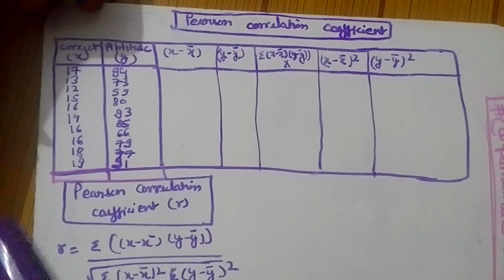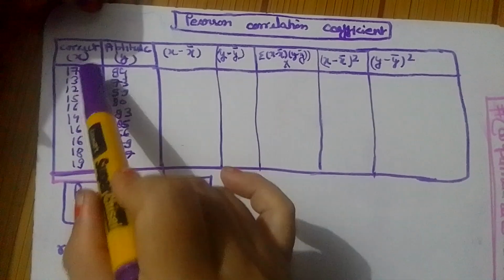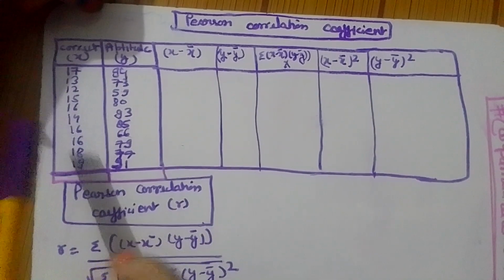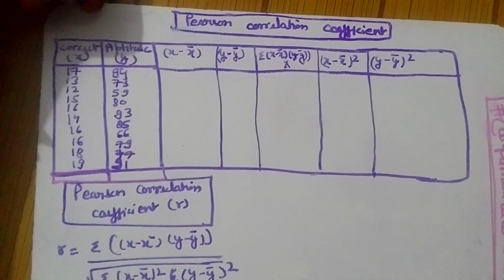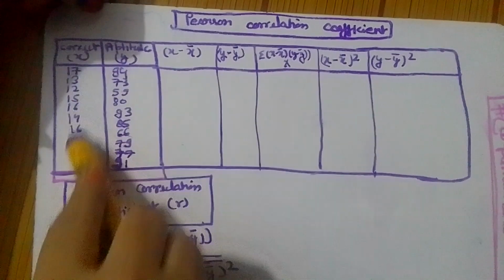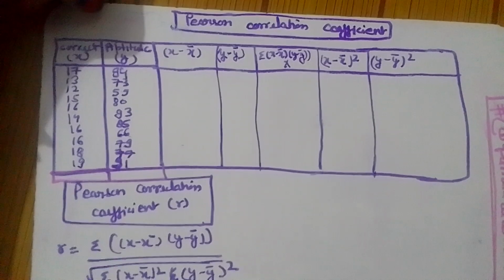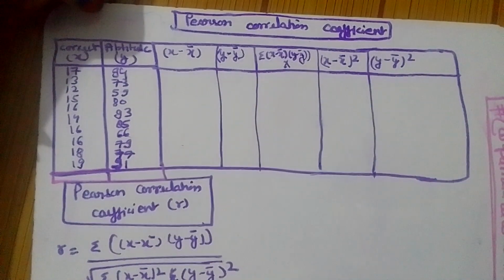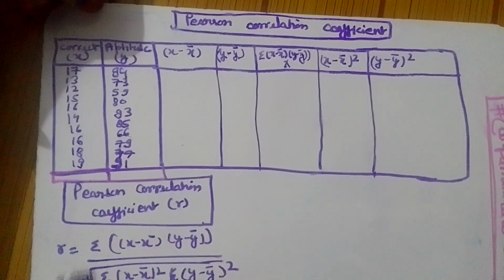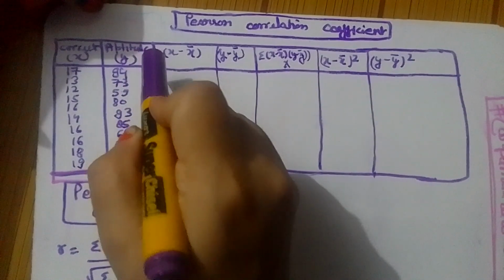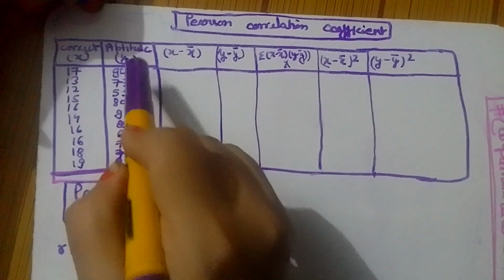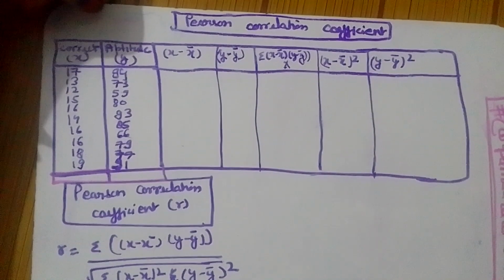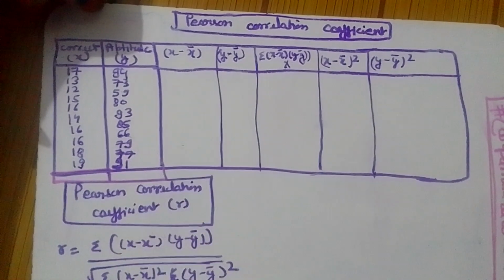The marks they got are 17, 13, 12, 15, 16, 14, 16, 18, 19. This is our X. These same students also took an aptitude test, which we will call Y, and in the aptitude test they got the marks 94, 73, 59, 80, 93, 85, 66, 79, 77, 91. Fine.